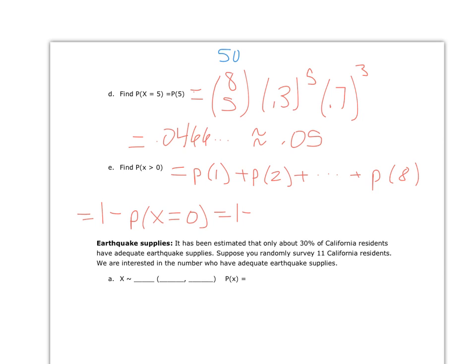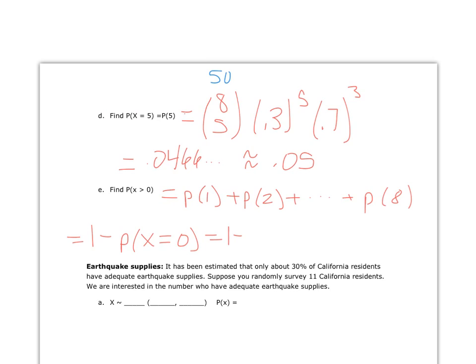So 1 minus the probability of 0. We've got our combination, and then x is 0, so we've got 0.3 to the 0. Remember, anytime we have something raised to the 0, that just equals 1. So 0.3 to the 0 is just 1. And then 0.7 to the 8 minus 0, so to the 8.